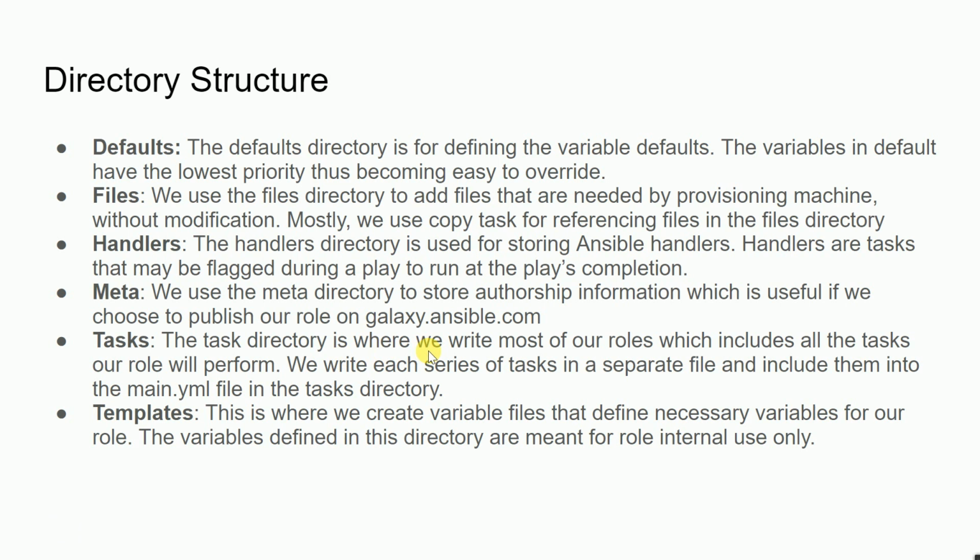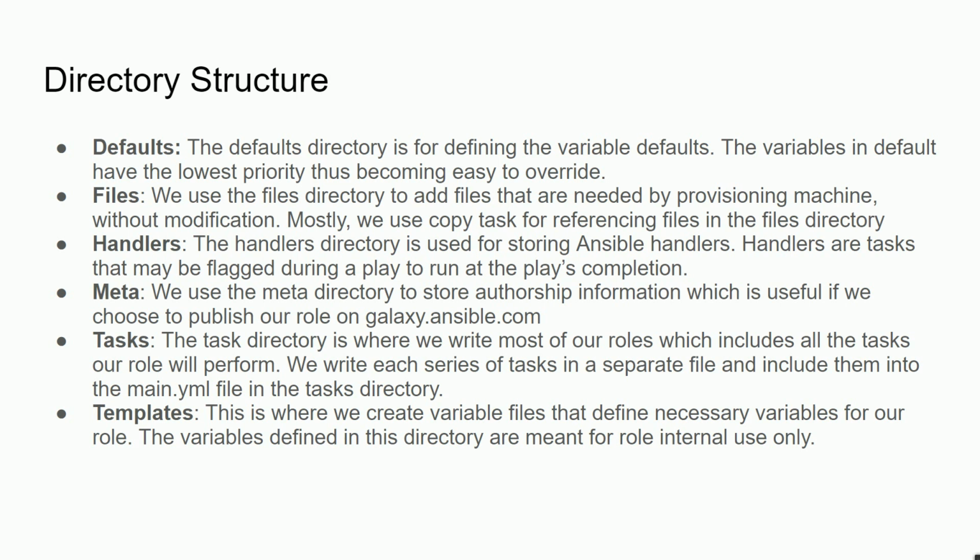The tasks directory is where we write most of our roles, which includes all the tasks our role will perform, and we write each series of tasks in a separate file and include them in main.yml in the tasks directory.